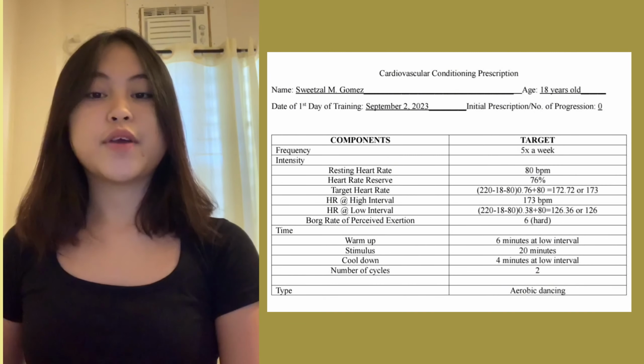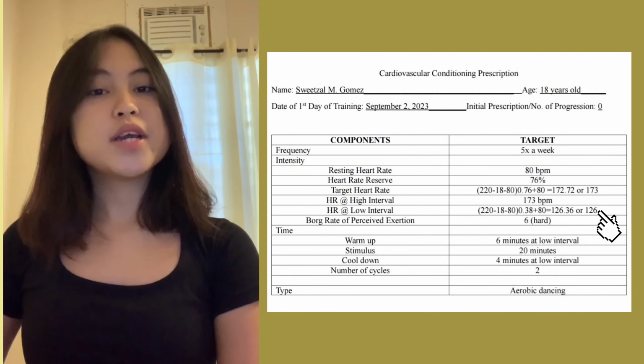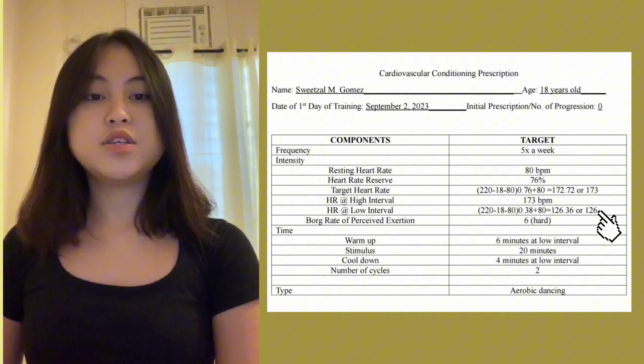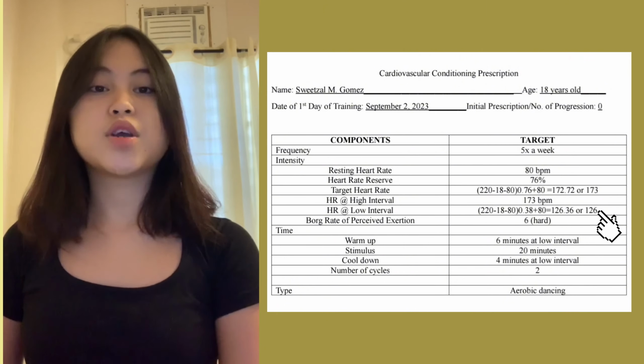Next is the heart rate at low interval. The formula here is 220 minus age minus resting heart rate, but this time it is multiplied by half of the heart rate reserve and then added again to the resting heart rate. So we have 220 minus 18 minus 80. That is 122 times half of 0.76, which is 0.38, plus 80.